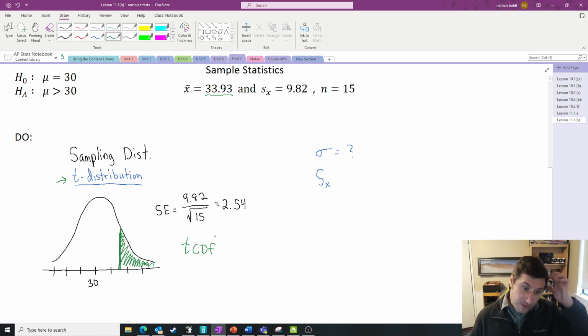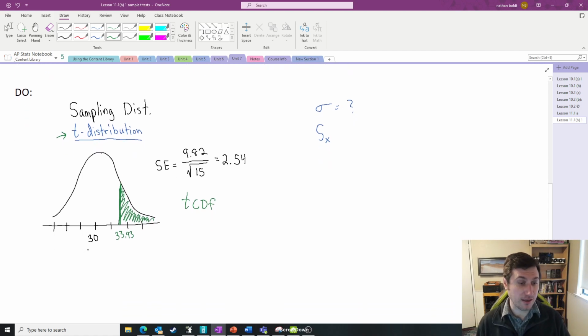So with this though, when we type this into the calculator, let me put my boundary. My boundary here is 33.93, right? When we type this into the calculator, we can't type it in that way. We can't use the context of 30 and 33.93. Those are all about batteries.